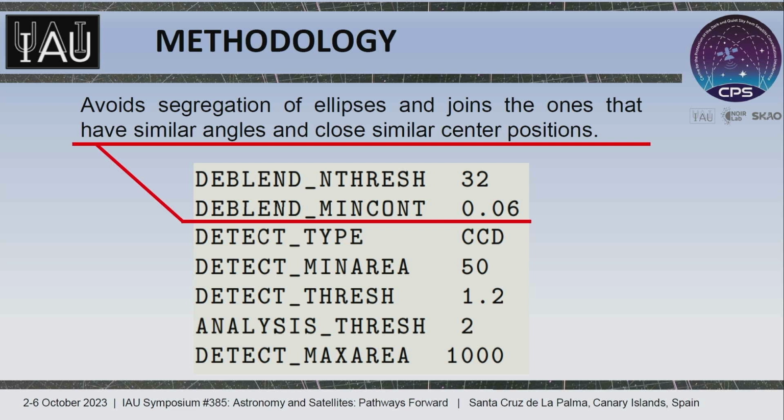The first one is the blend mean count. If you remember from my first slide, we had objects that were mixing with each other, and in one single trail we had a recognition of more than one object. Thanks to this parameter, we can blend two ellipses that are close to each other, in other words, that have similar orientation and geometrical center.